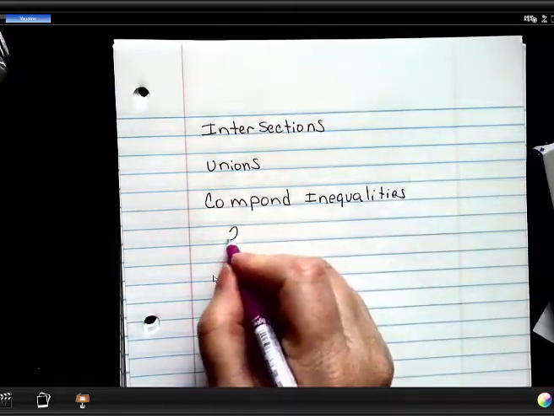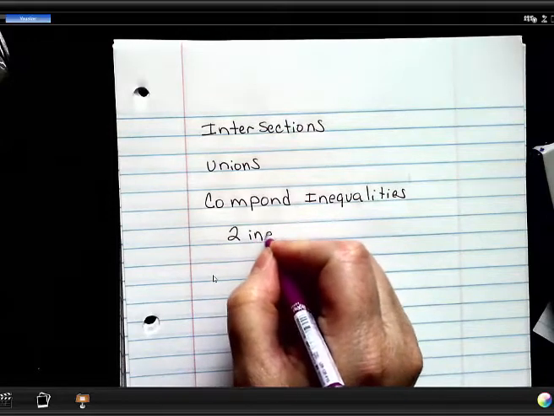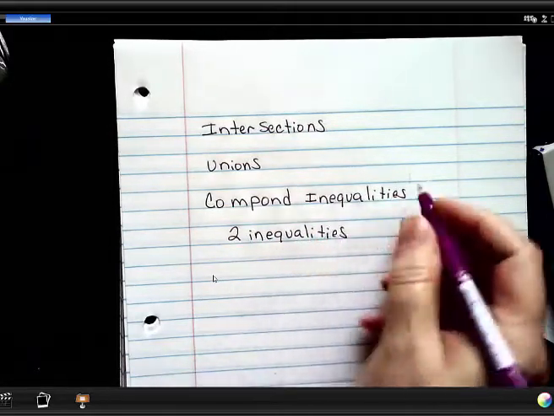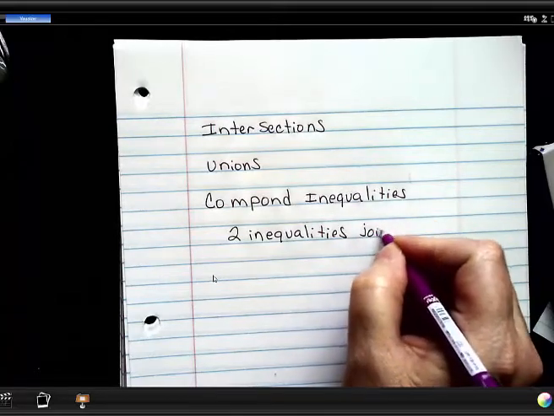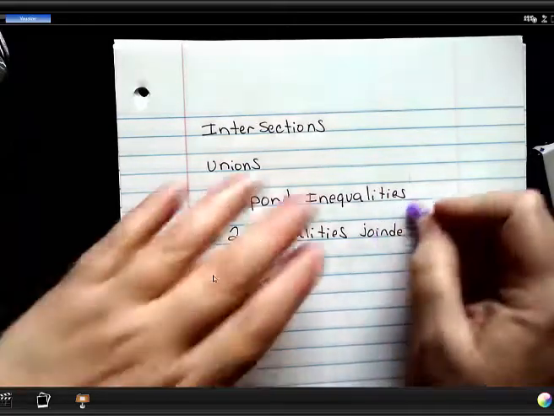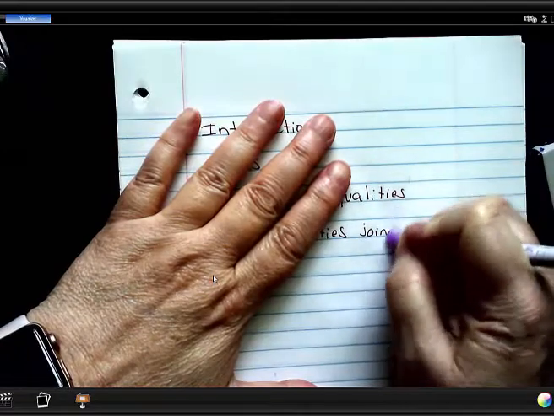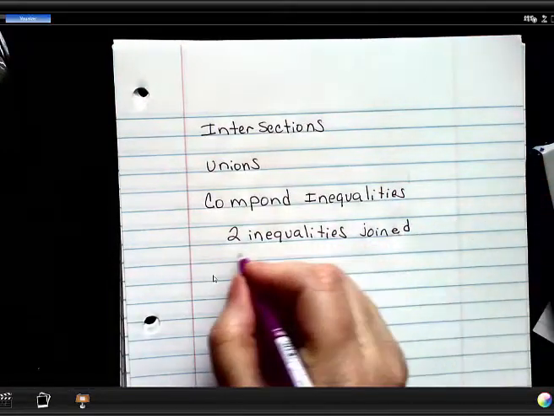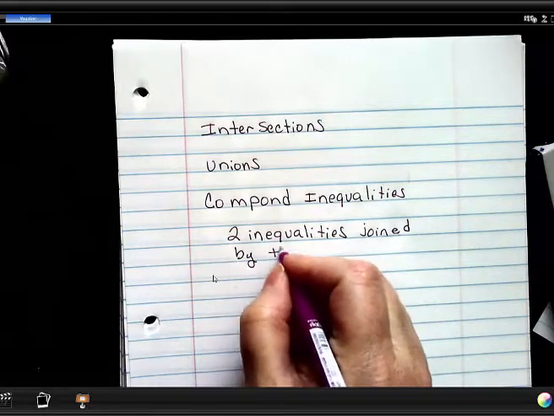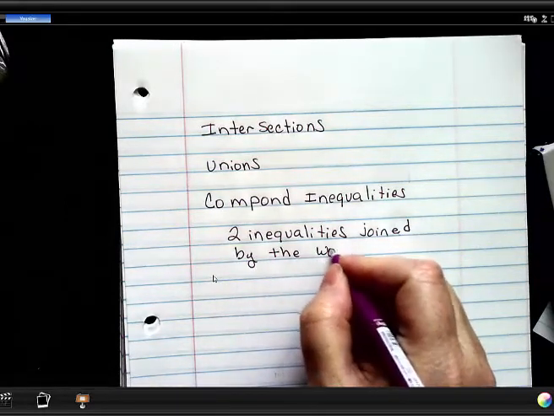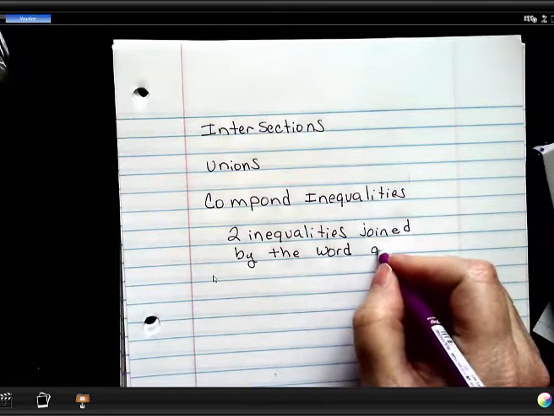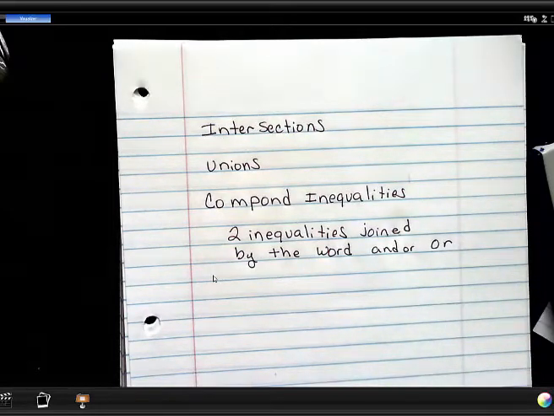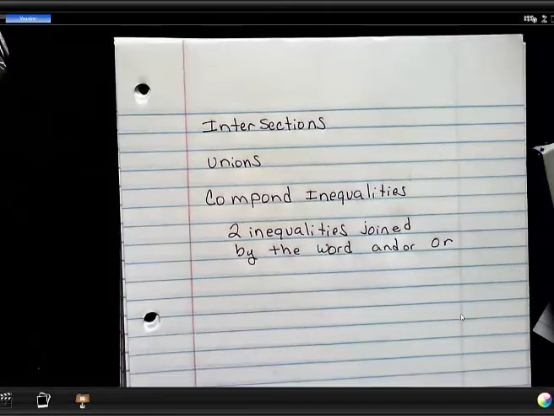Now, when you have two inequalities joined by the word and or or, you have a compound inequality.